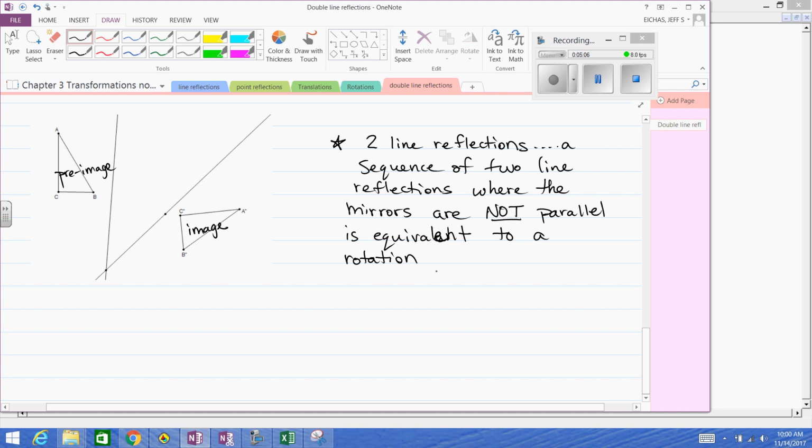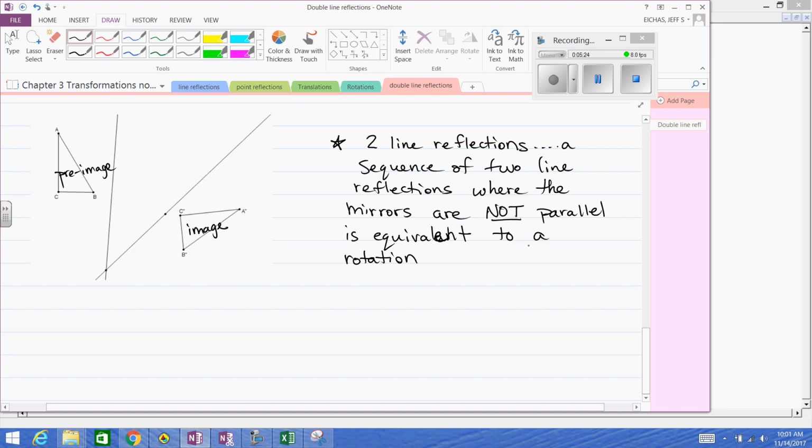Now, what we got to work on is right here, okay? Just to say it's a rotation is not a complete response because we can do better. A rotation needs to have a center and an angle, and we can figure those both out, okay?